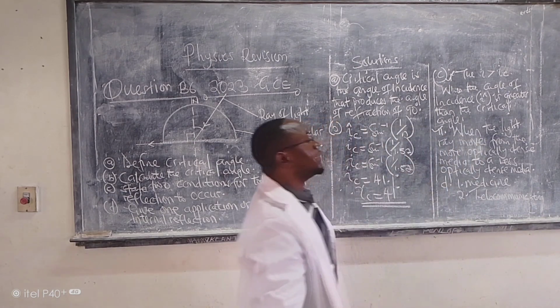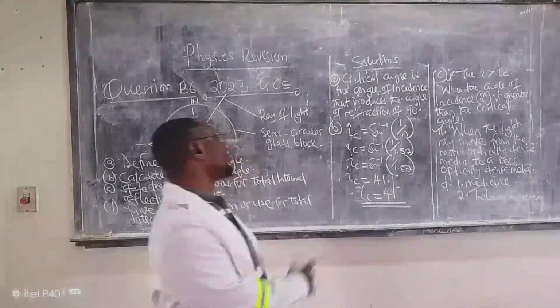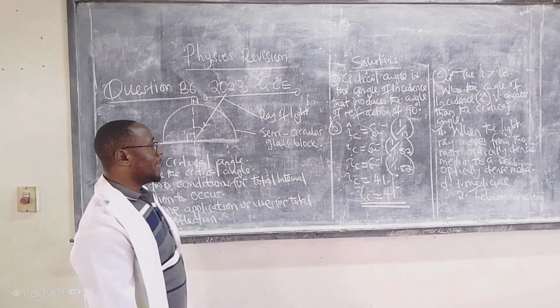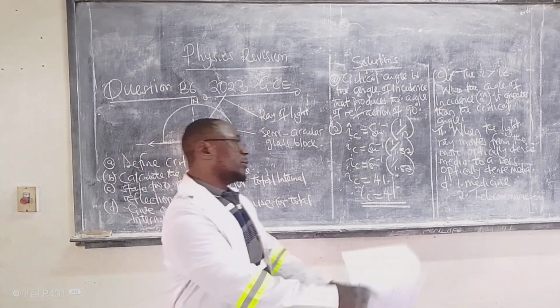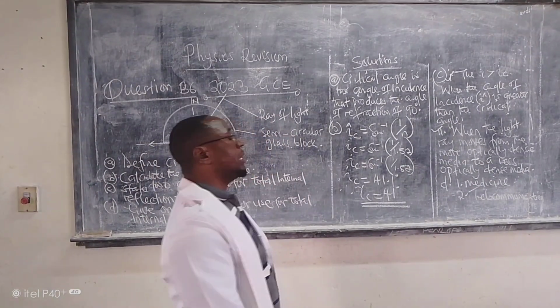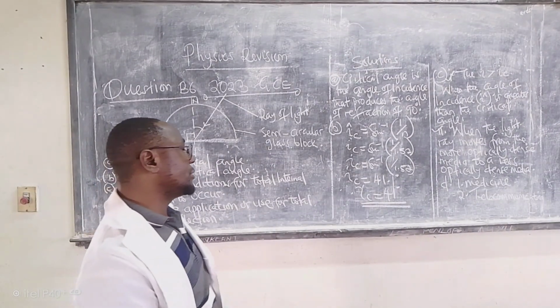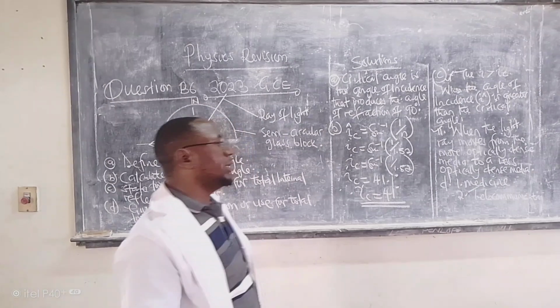Those are certain areas where they use the knowledge of total internal reflection. In medicine, doctors viewing inside the human body use that light so that they are able to see what is inside.